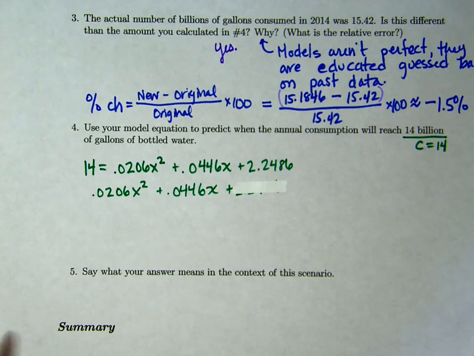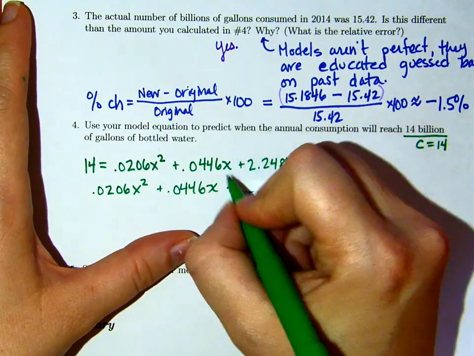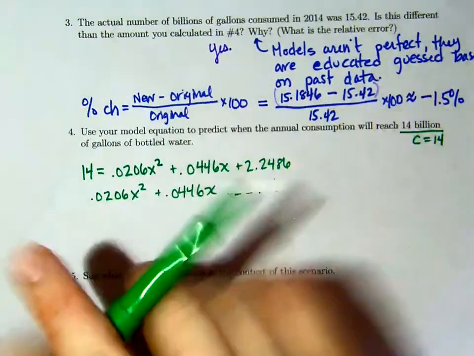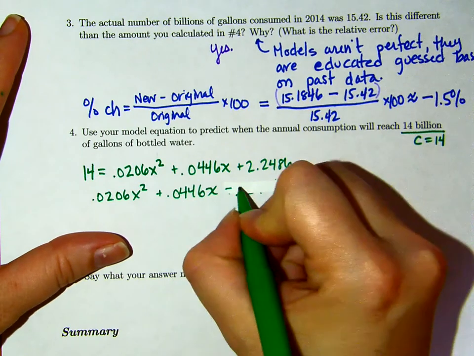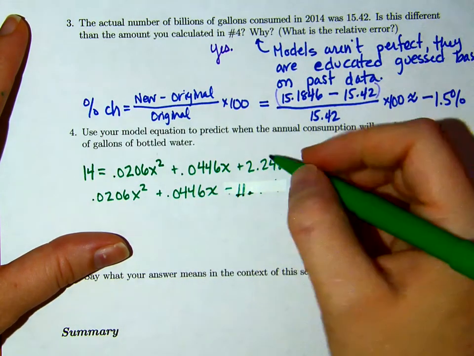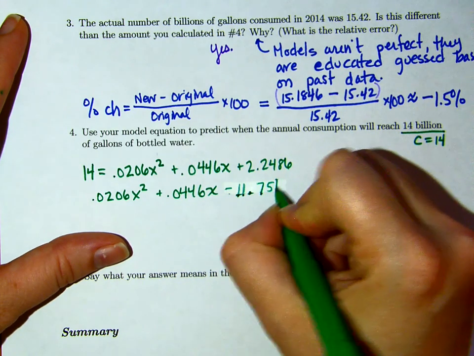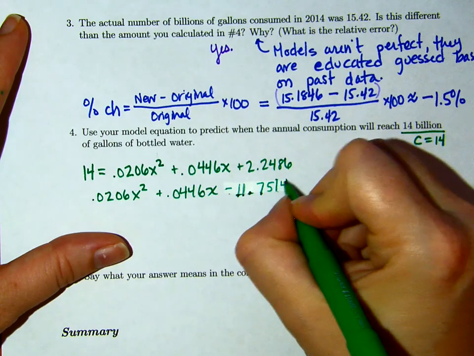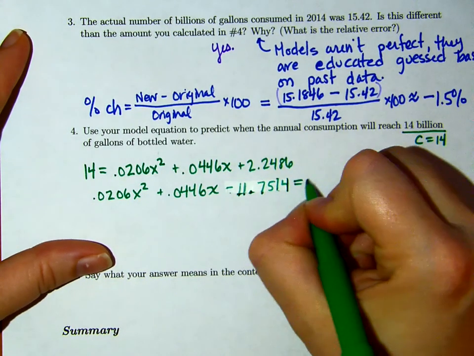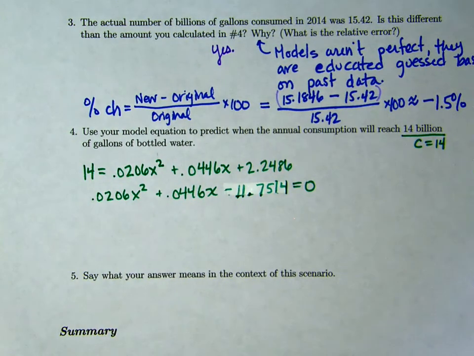2.2486, take away 14. That would be minus 11.7514. Got it. Because we needed to take away 14 from both sides of this equation in order to set it to 0.